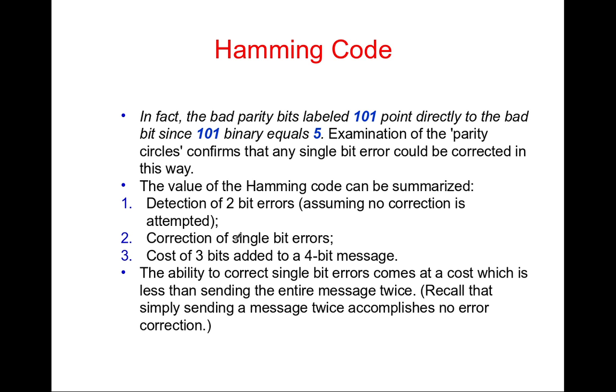Now the value of the Hamming code can be summarized. The detection of 2-bit errors can be attempted. Correction of single bit errors can be done. The cost is 3 bits added to a 4-bit message, as in the example that we have just seen.